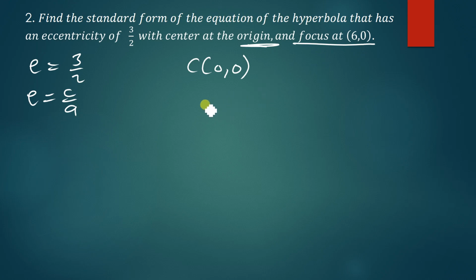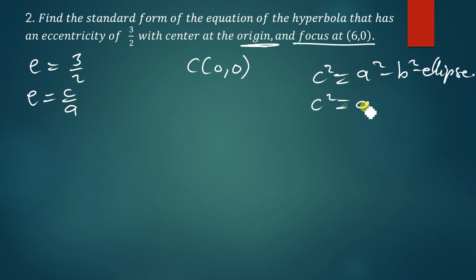Remember, for the ellipse, we said c squared is given by a squared minus b squared. But for the hyperbola, c squared is given by a squared plus b squared.